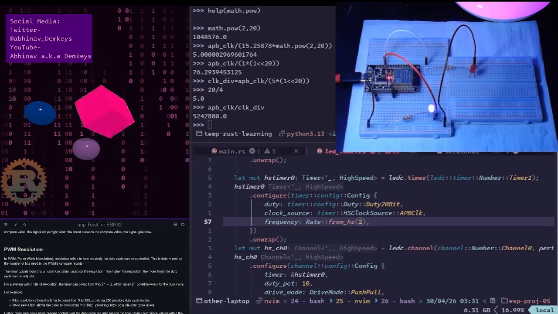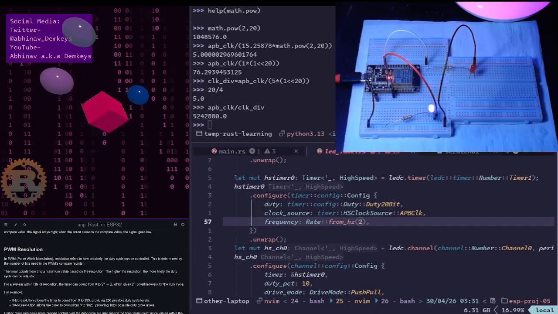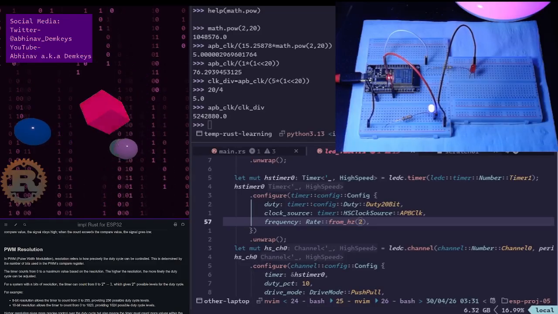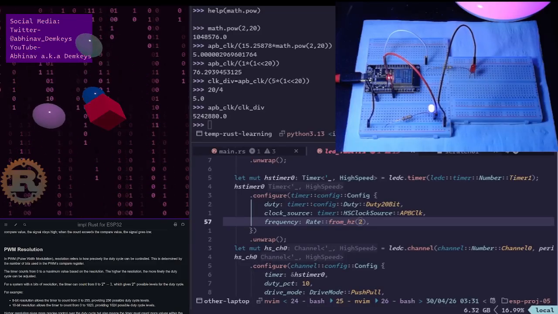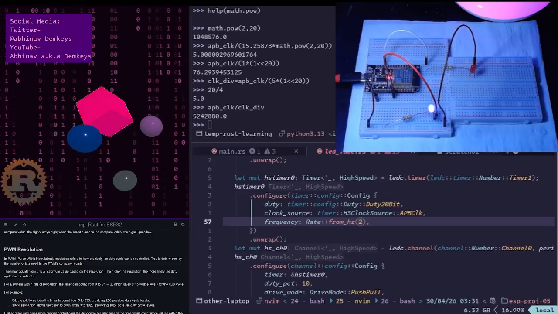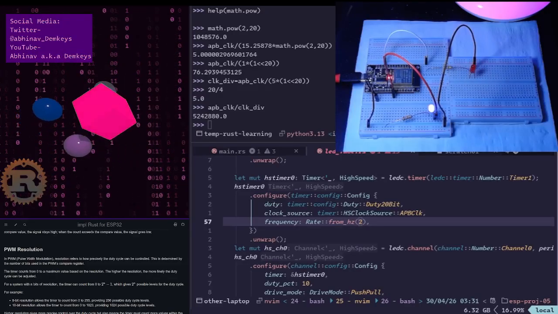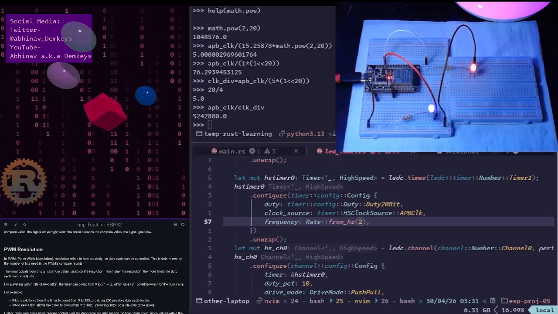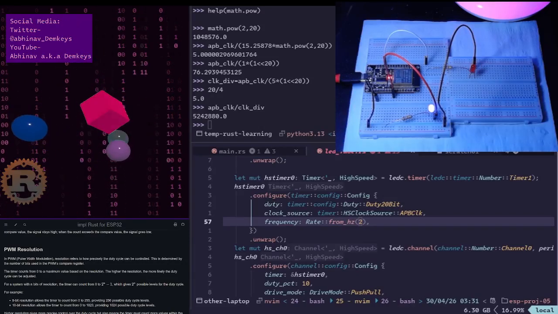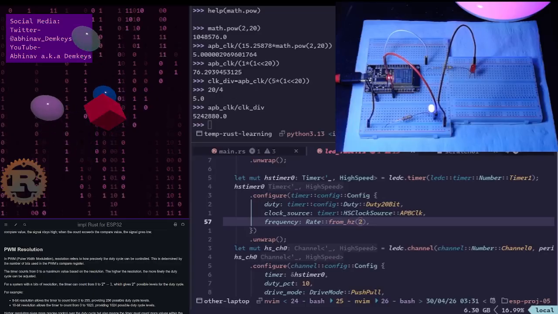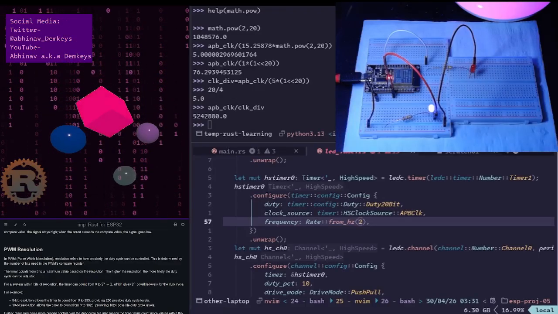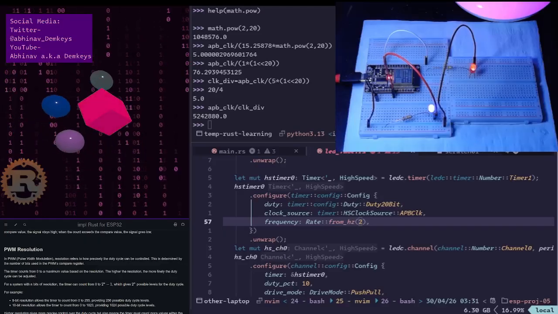Depending on what your resolution is, you're going to be counting that many ticks in your counter to represent one period within your entire frequency.